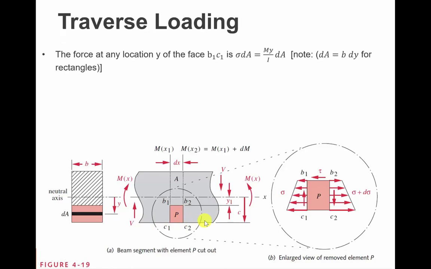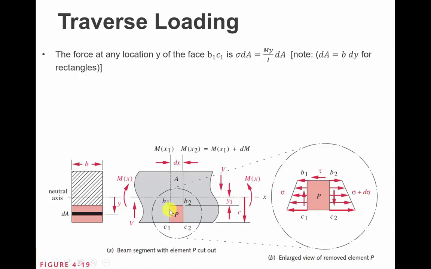So if I want to find out what the force at any small element on B1 to C1, any place on this face, it would be equal to sigma dA. And we've just looked at what that would look like. That's My over I dA. And in this case, for a rectangular beam, the dA is going to be equal to b, that's going into the page, times dy.